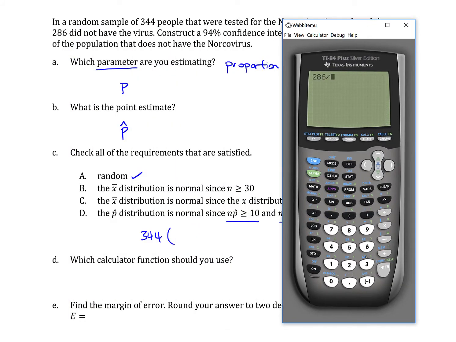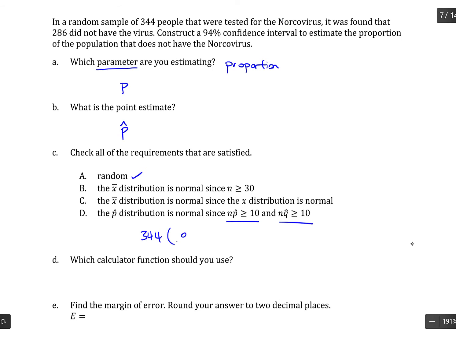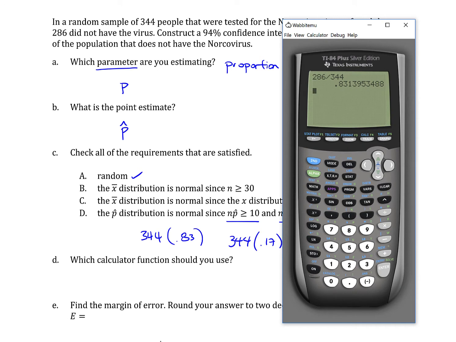286 do not have the virus, so out of 344, that's 0.83, we'll say. And then 344 times the complement of that, which would be 0.17. Both of those need to be larger than 10. So let's take a look. 0.83 times 344.